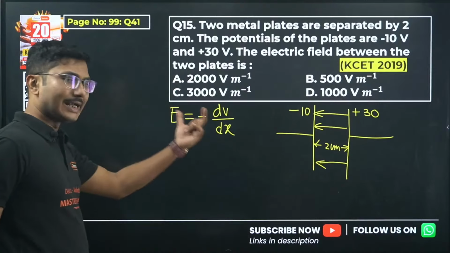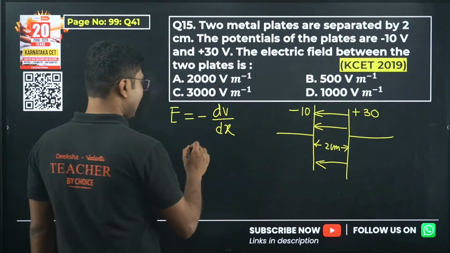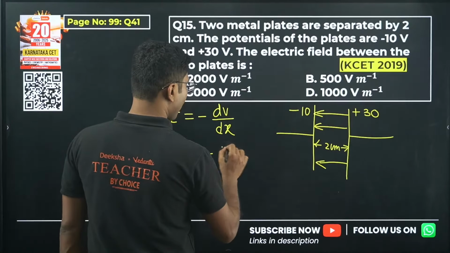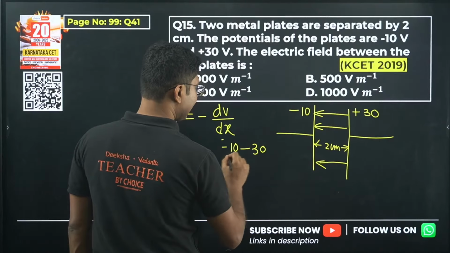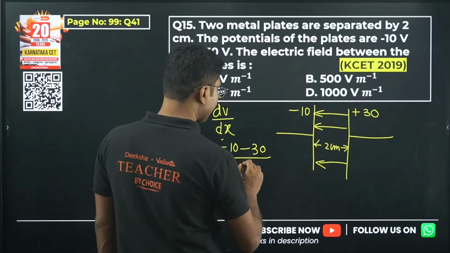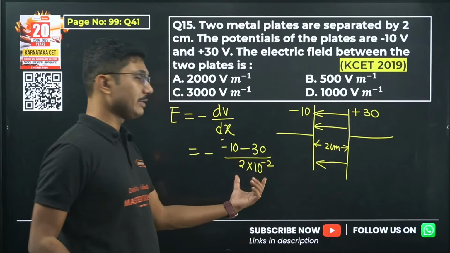If you use the delta V formula, the minus sign is not required, but anyway I like to use the negative sign. So minus, final point is minus 10, initial point is 30, so minus 30, VA minus VB. And delta x is 2 centimeters. 2 centimeters means 2 into 10 to the power of minus 2. Don't make any mistake.